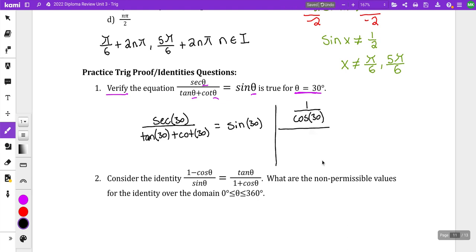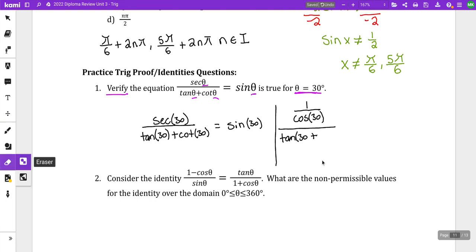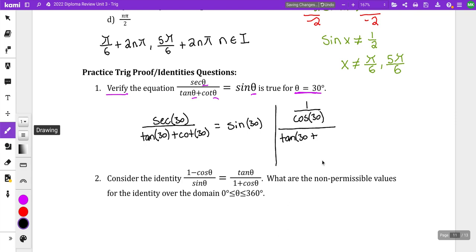Divide by, in the denominator, you do have a tan 30 that you can put in your calculator, plus cotangent 30. You might not know what cotangent is on your calculator, but you do know that cotangent is cos 30 over sine 30. And that you can put in your calculator.